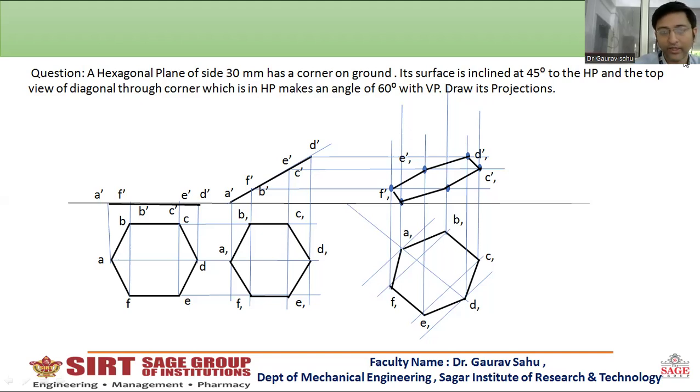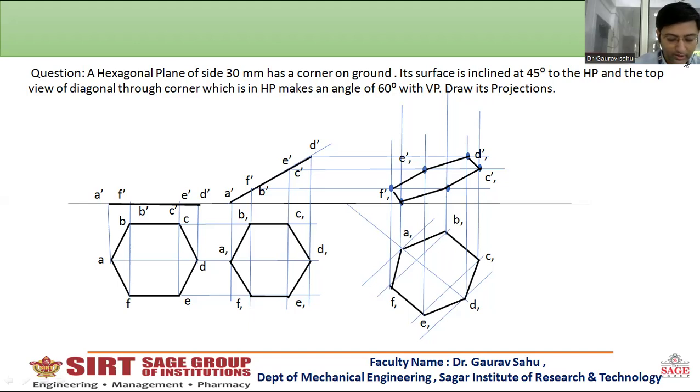So imagine a hexagonal lamina with its corner in HP, and through that corner the diagonal is passing to another corner. That diagonal is making a 60-degree angle, and the surface of that hexagonal plane is at 45 degrees to HP.